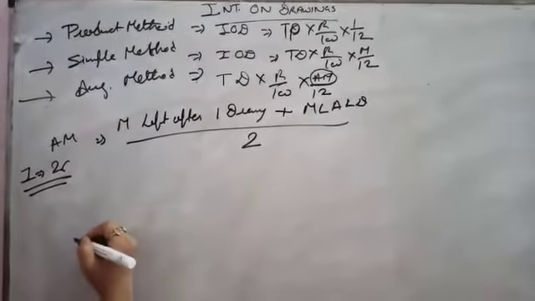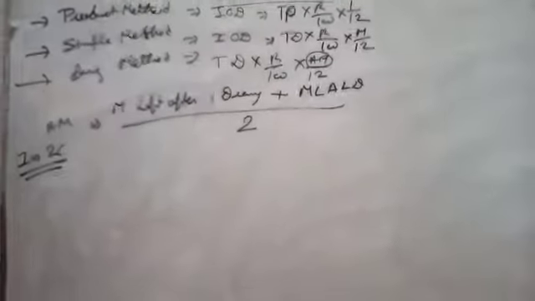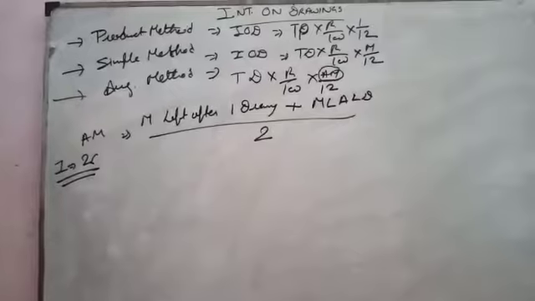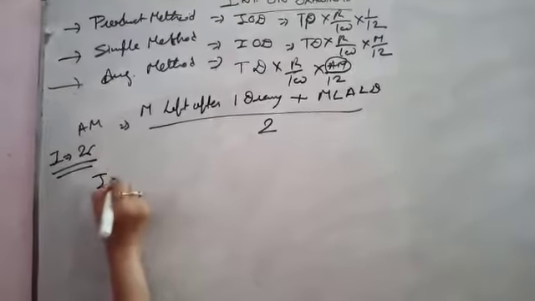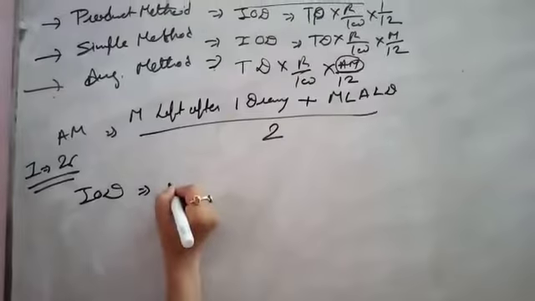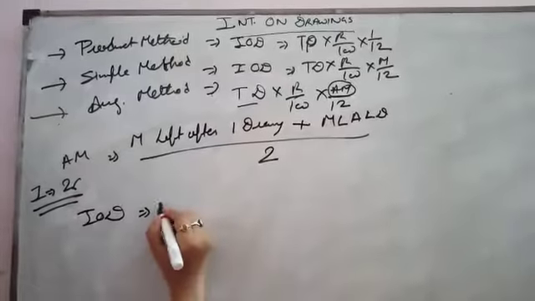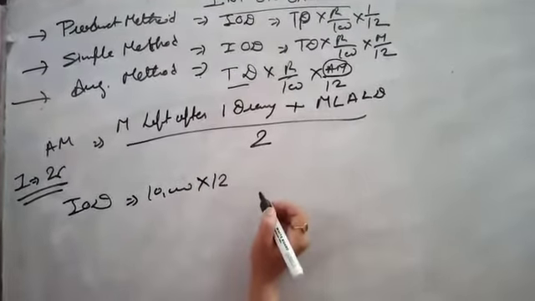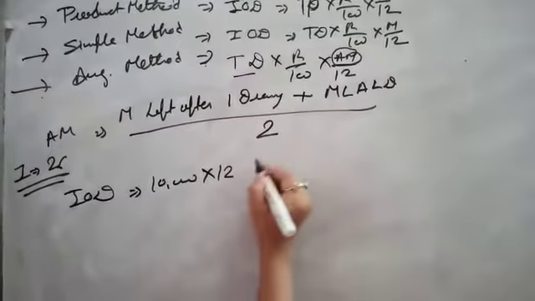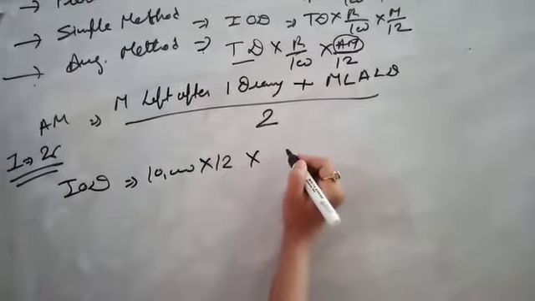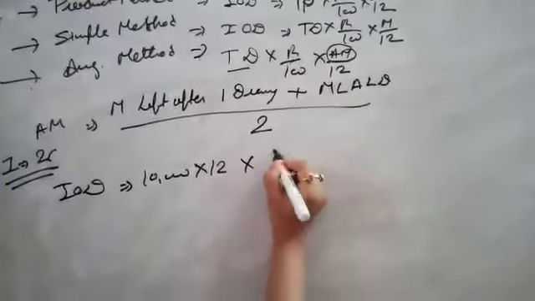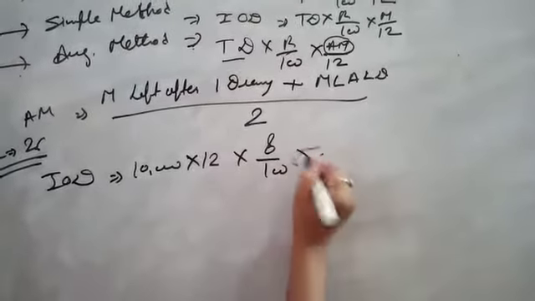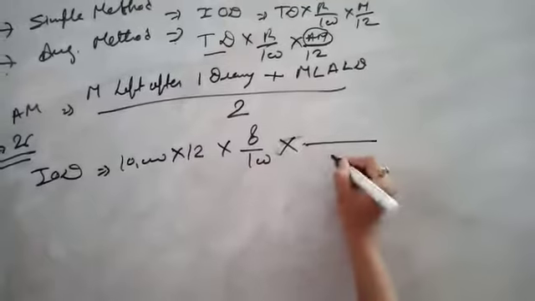In this question, it is given A draws 10,000 every month on the first day of the month, right? So interest on drawing is equal to total drawing, which is 10,000 multiplied by 12 because he is drawing monthly, into rate by 100, which is given in the question as 8 by 100, multiplied by average month divided by 12.